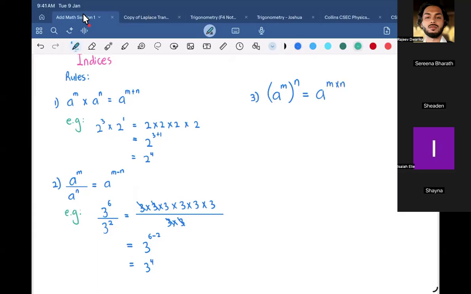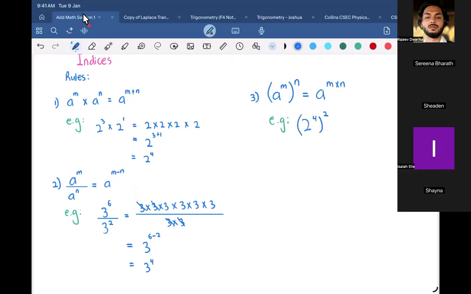Let me give you a quick example. Shayna, give me an example of a number raised to a power, raised to another power. Fast. 2 to the power 4, raised to the power 2.